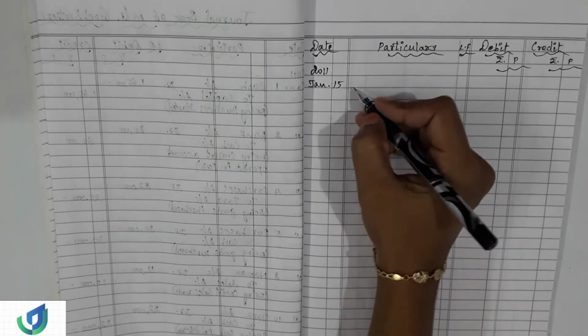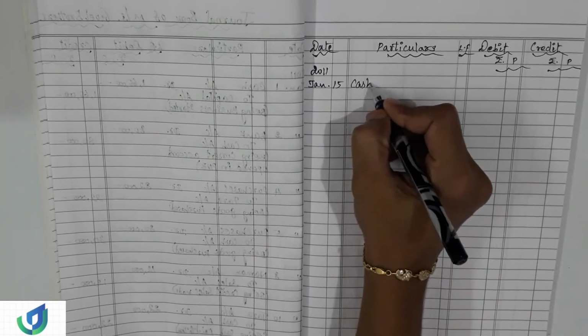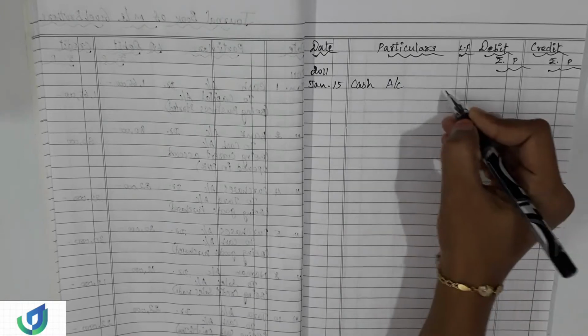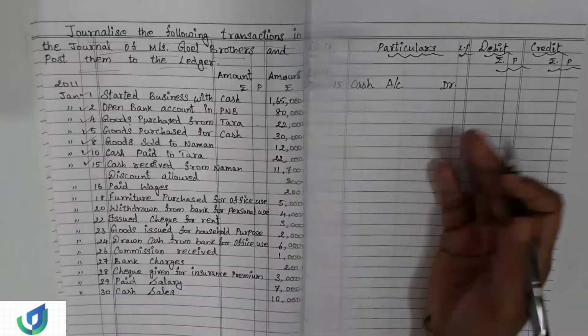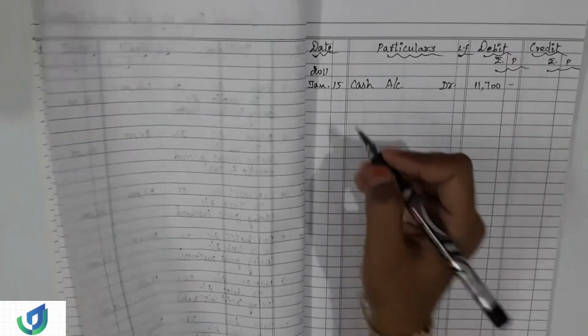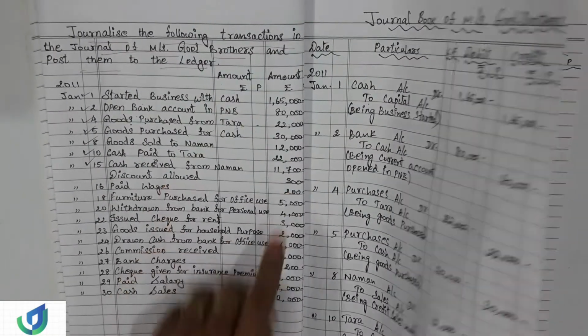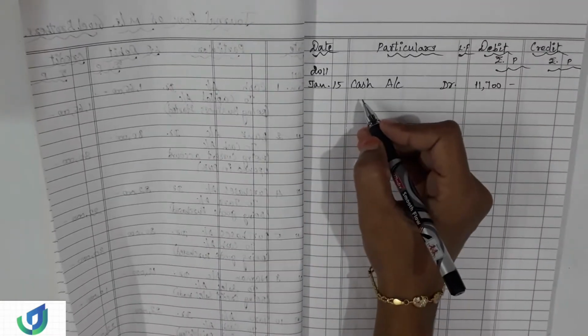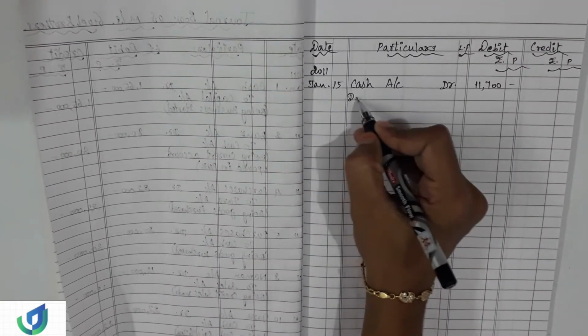So it should be debited. Let me show you how to write this journal. First, we have received cash from Naman. Cash account debtor. How much is the cash? 11,700. That should be debited. And we have given discount from our company also. So that also to be debited.